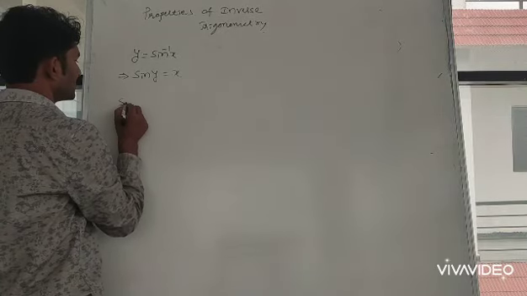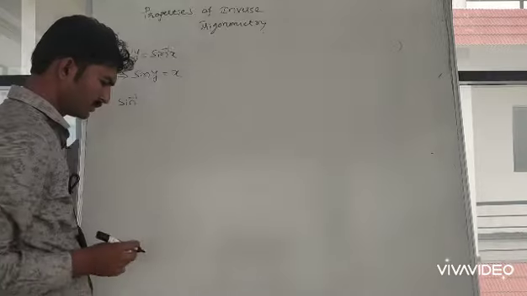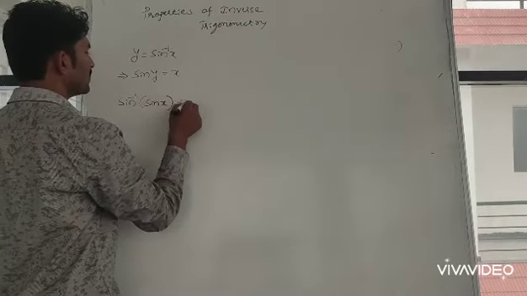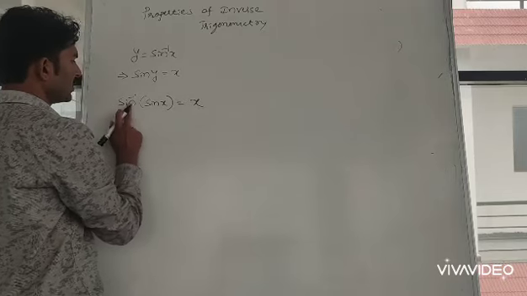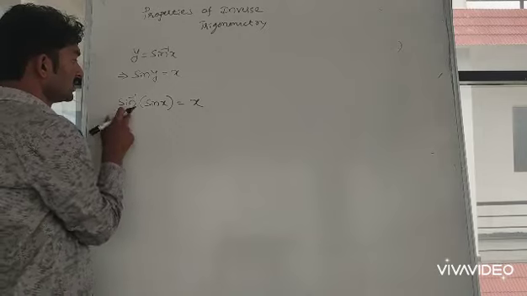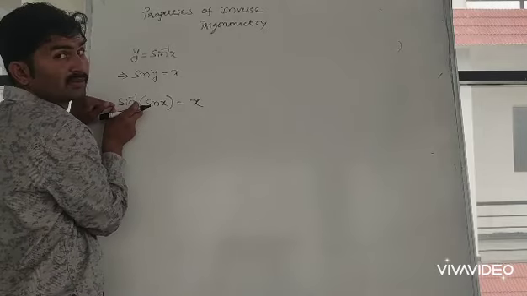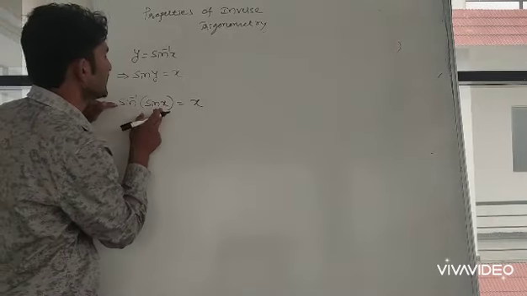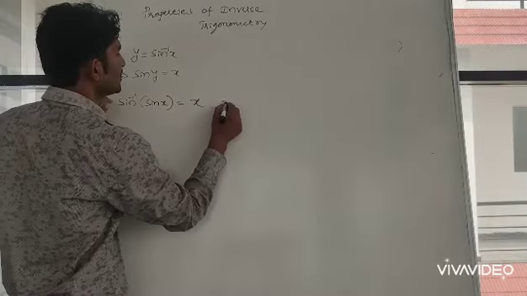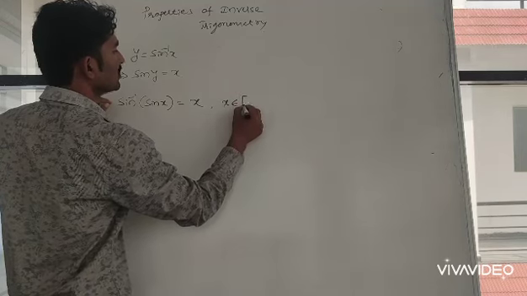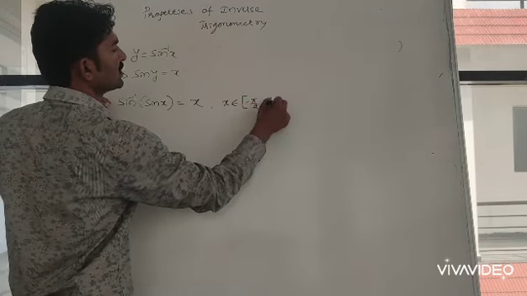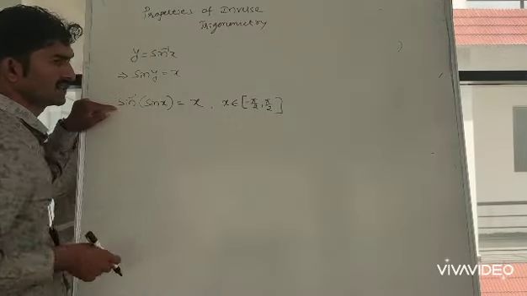Sine of sine inverse of x is equal to x, because these two are inverse to each other. Sine inverse of x, we got x here. What is the range? x belongs to minus pi by 2 to plus pi by 2 closed interval, if it is sine inverse function.